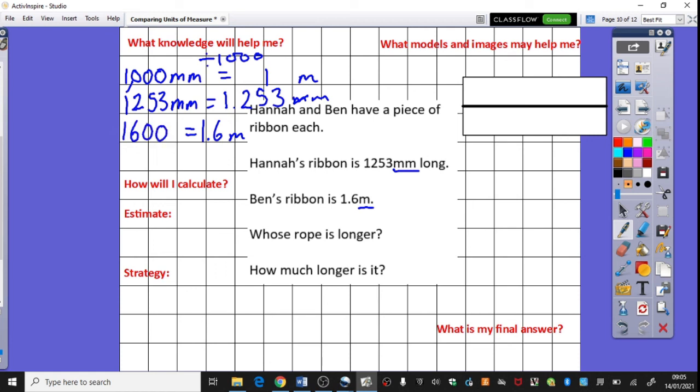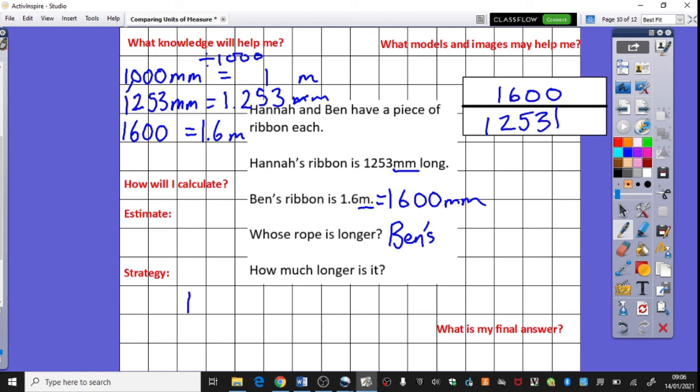That's probably what I'm going to go for, because when I'm calculating, I like to work with whole numbers. So, whose ribbon is longer here? We can see it's Ben's again. And how much longer? Well, he's 1,600 and Hannah is 1,253.